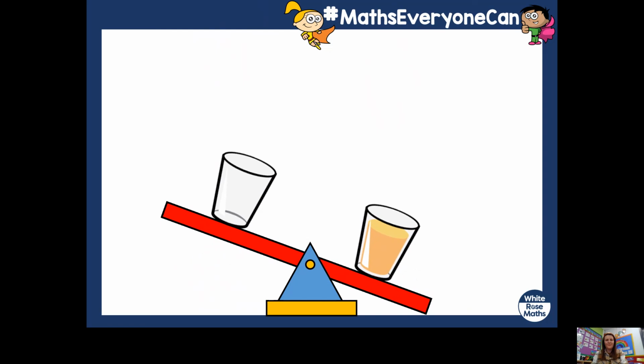Oh, can you explain what has happened? Fantastic. The full glass of water has made the weighing scales tip. That means the full glass is heavier than the empty glass. The empty glass is lighter than the full glass.